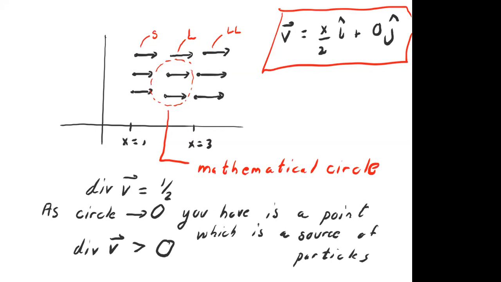Now, I'll just say this, and I'll come back to this next lecture. I could have other vector fields or velocity fields. Let's say this one, where I put a minus sign here. And it turns out the divergence of V here is minus a half.